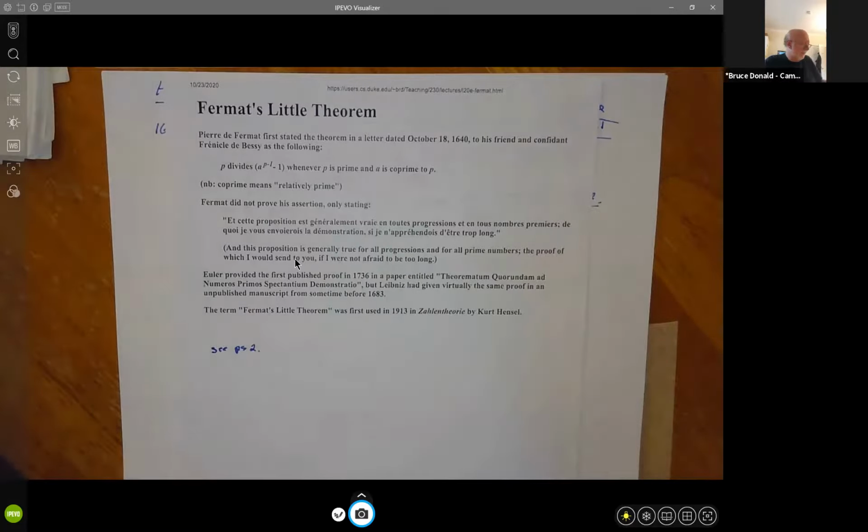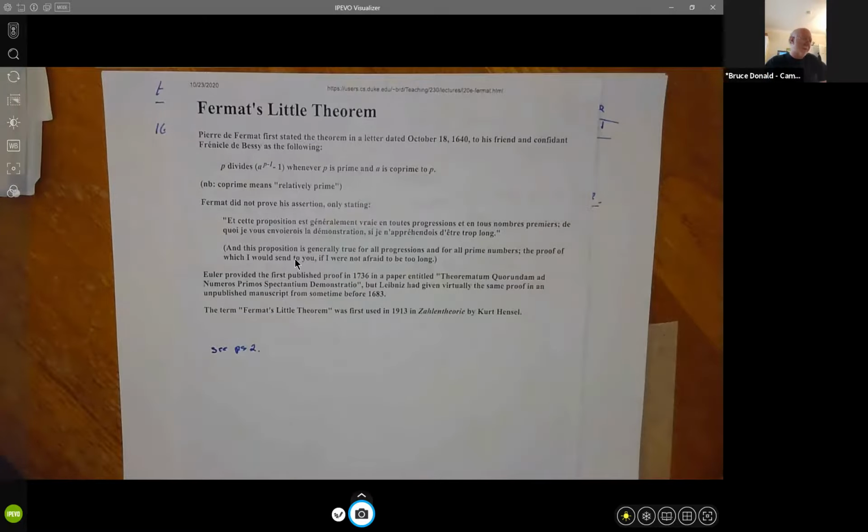So this isn't exactly the proof standard we use in our class today. So no proof, but a claim that there exists a proof. Quite a bit later, nearly 100 years later, Euler gave the first published proof of this, and it looks like Leibniz and others gave proofs of this that were rigorous. But this is sort of amusing.